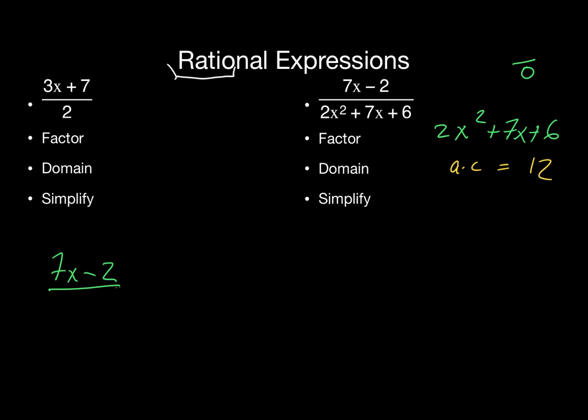So I try numbers like 6 and 2. 6 and 2 multiply to 12, but they add up to 8. That doesn't help me any. Three times 4 is 12, and they add up to 7. This is what I'm going to use, and then I'm going to do factor by grouping.